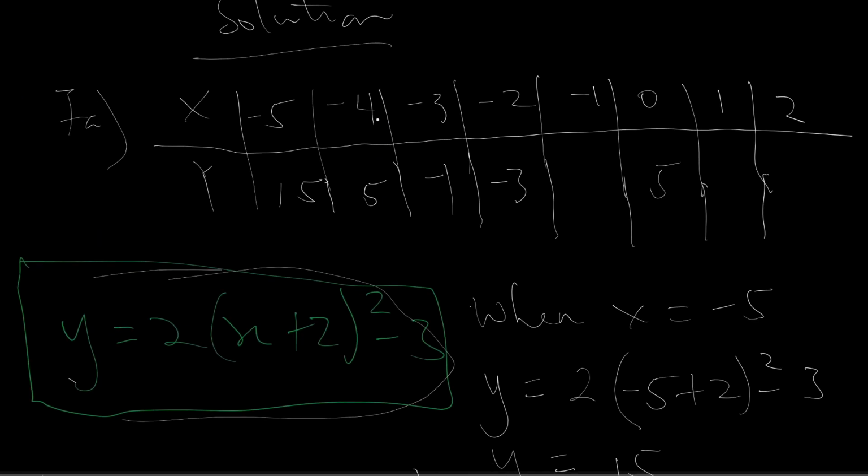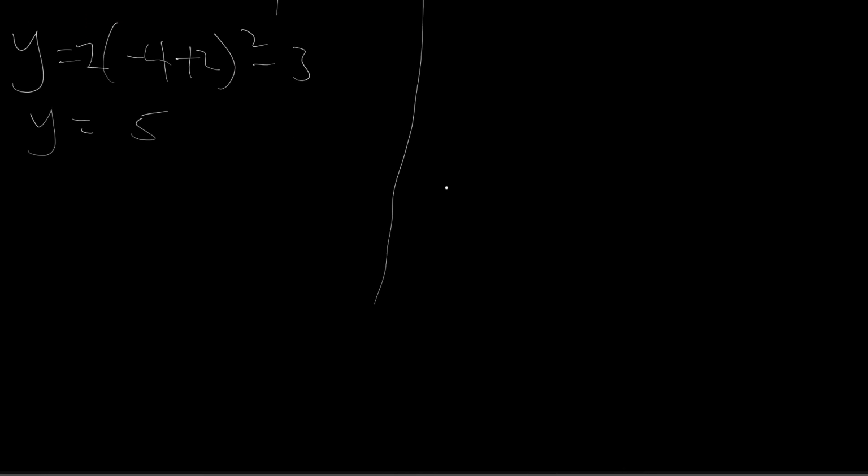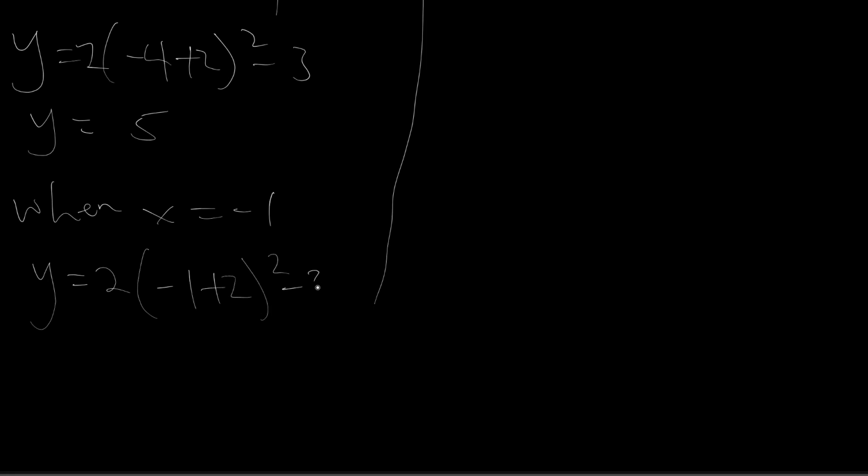Now our next value is negative 1. When x is equal to negative 1, y becomes 2 times negative 1 plus 2 squared minus 3. So our y becomes negative 1.